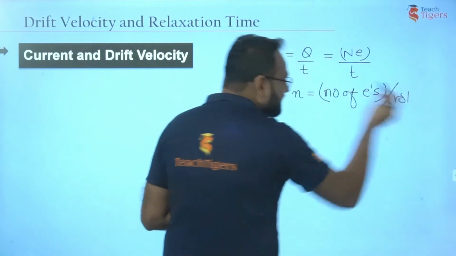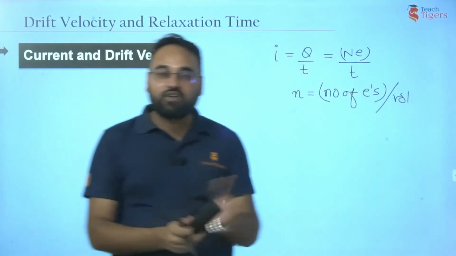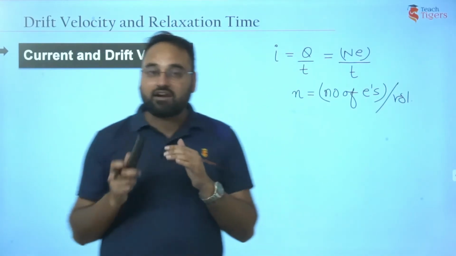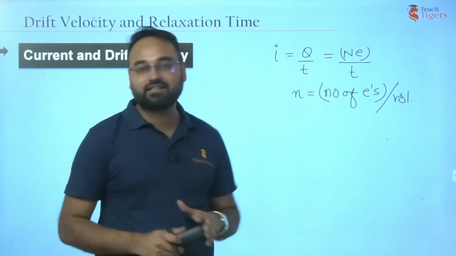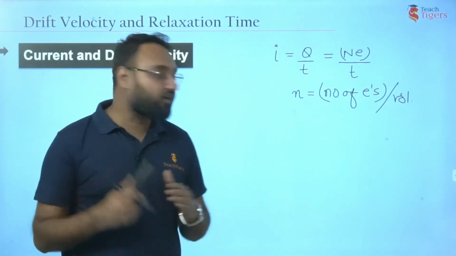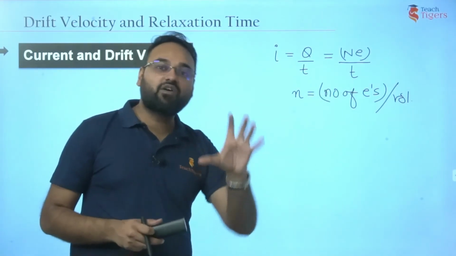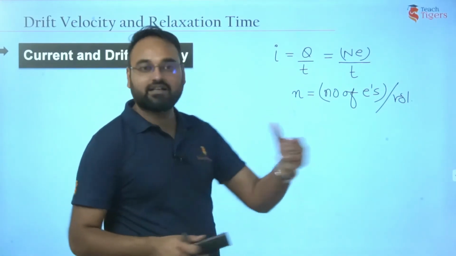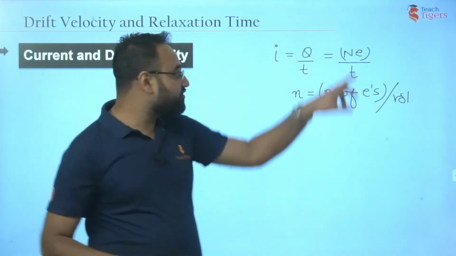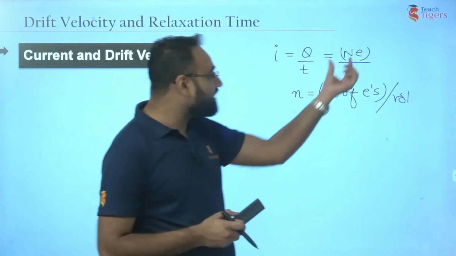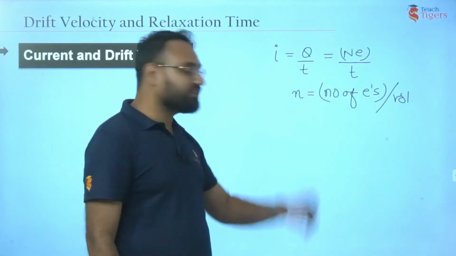Whenever you purchase a conductor, the rating is always a density of electrons. They don't specify the exact number of electrons, so we have to calculate the number of electrons ourselves.